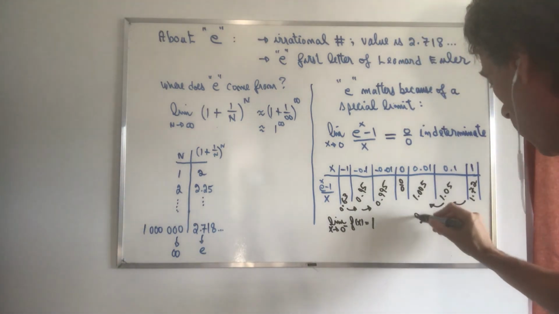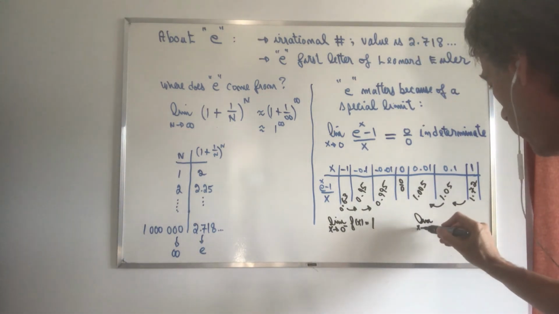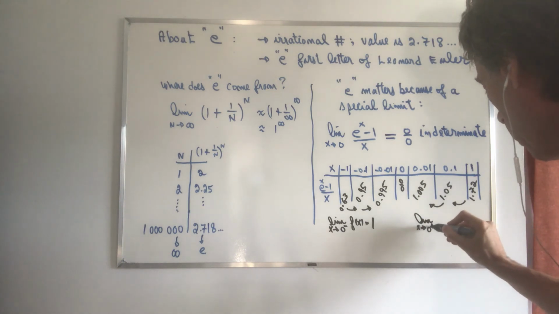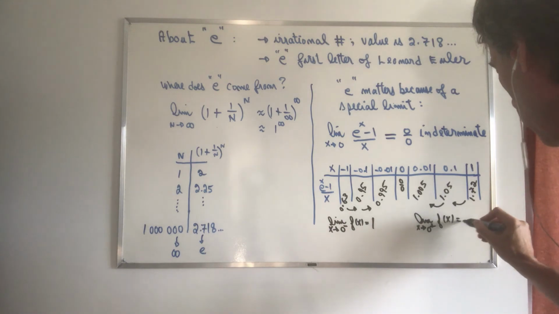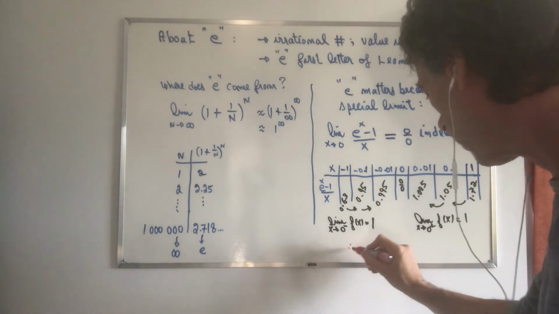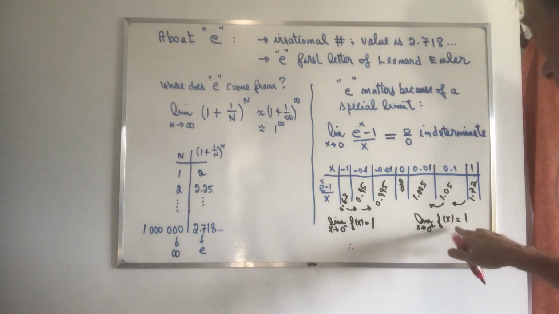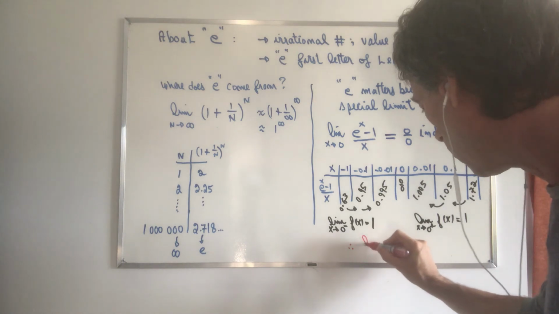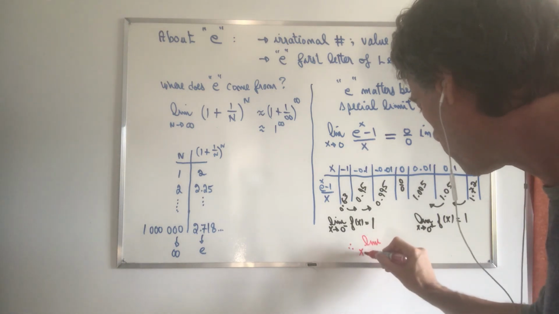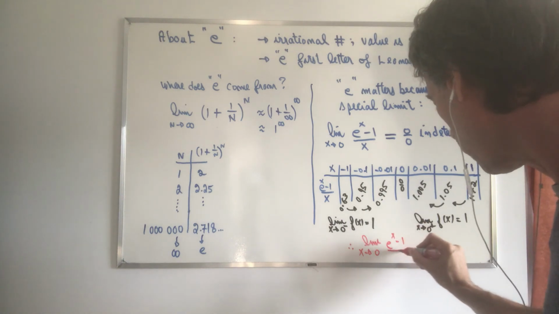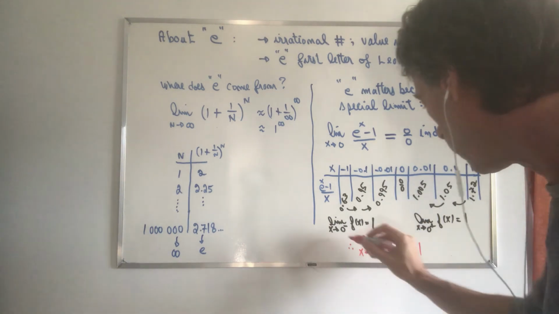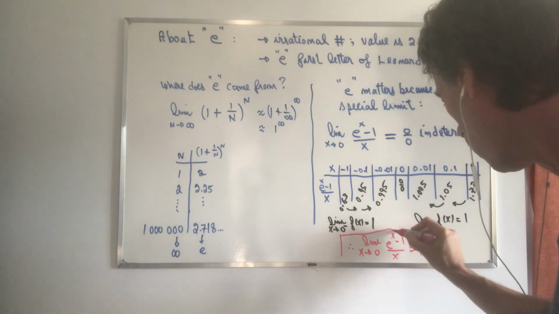So the limit as x approaches 0 from the right is equal to 1. My conclusion is pretty obvious because the left limit is 1 and the right limit is 1: the limit as x approaches 0, no direction, of (e to the x minus 1) over x is equal to 1.